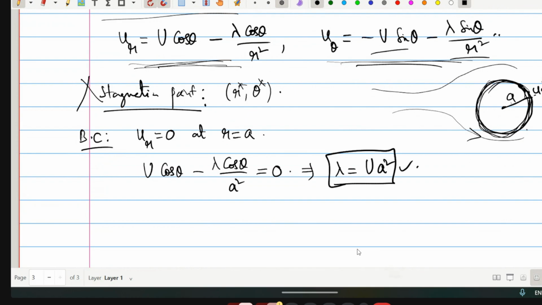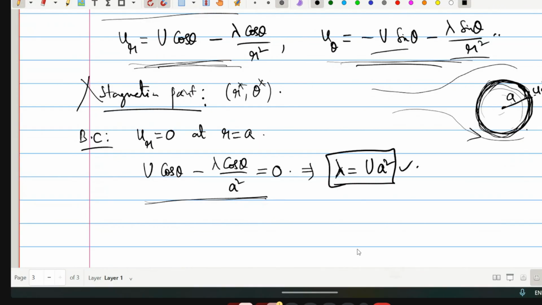A doublet anyway is an imaginary thing. Because of that doublet only, you are seeing the circle inside the flow. If you put the doublet inside, you have a doublet flow inside, and exactly on the surface of this circle, you have the boundary condition u r equal to 0.